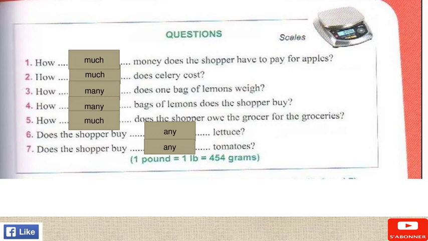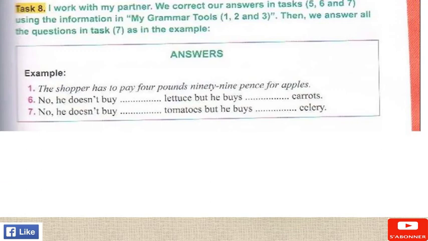التمرين اللي بعده تكملة لهذا التمرين، يعني كذلك راح نختار ما بين much, many, some, and any. The shopper has to pay £4.99 for apples. No, he doesn't buy lettuce, but he buys carrots. No, he doesn't buy tomatoes, but he buys celery.